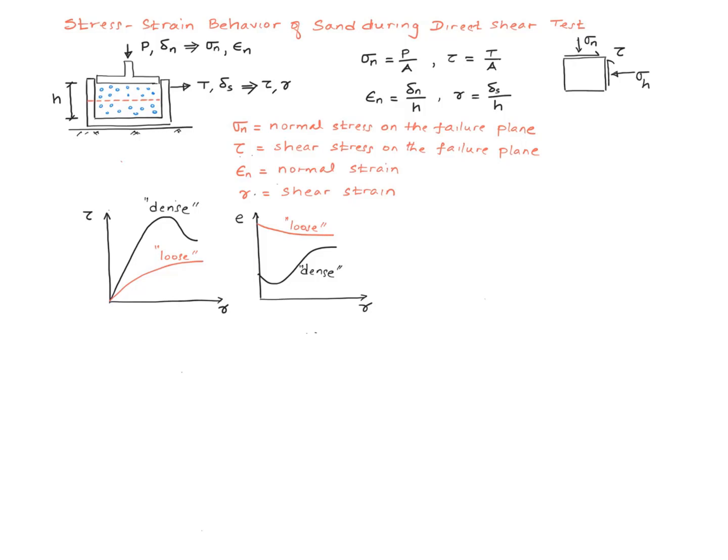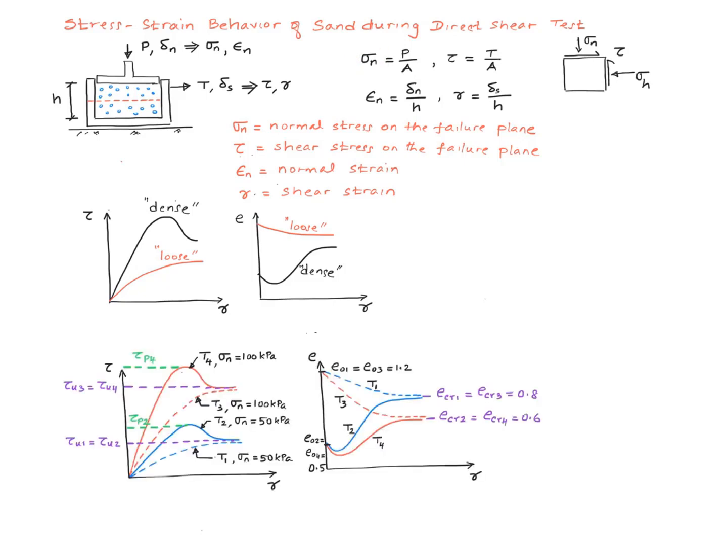But here is the complication. The definition of dense and loose doesn't necessarily depend only on the void ratio. It turns out that it depends on the combination of the void ratio and the normal stress sigma n. Here are some typical relationships corresponding to different values of normal stresses and initial void ratios.